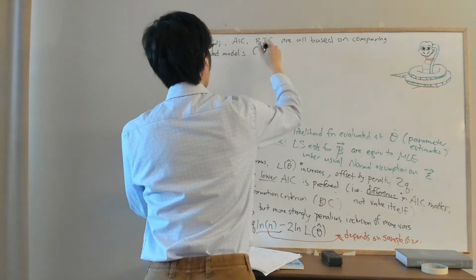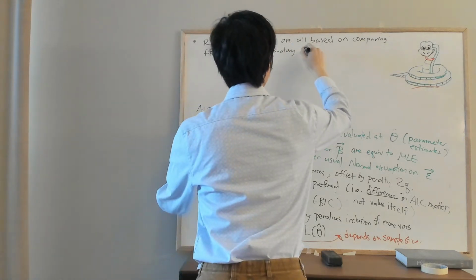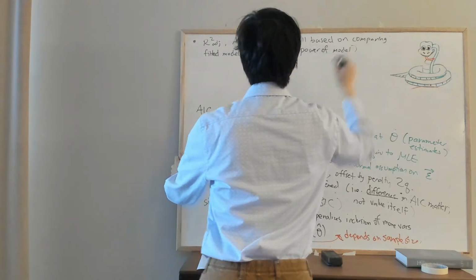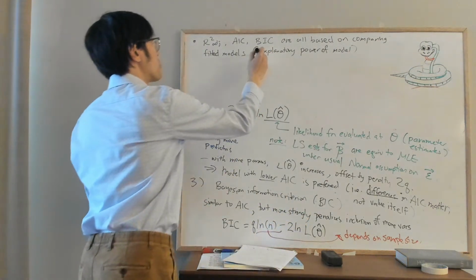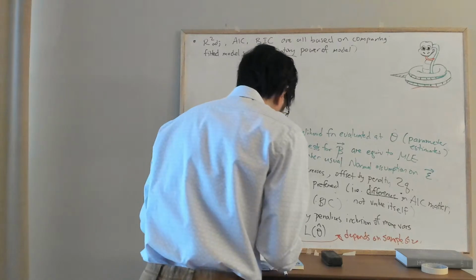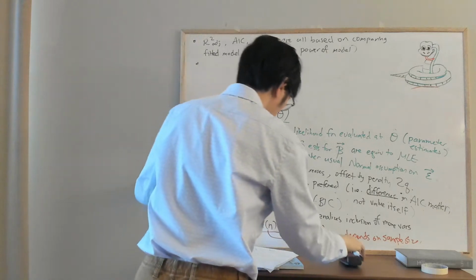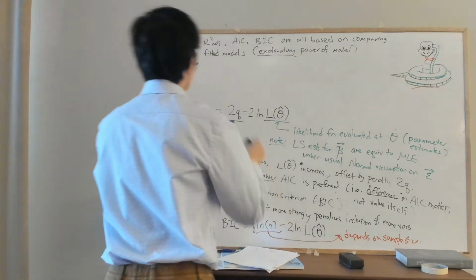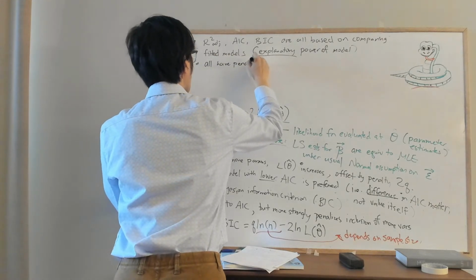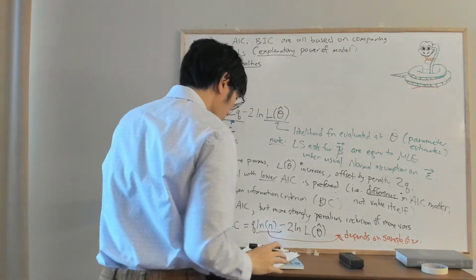In other words, they look at the explanatory power of the model. We call it explanatory because it's based on the fitted model. Also common to these types of criteria is that they all have penalty terms for including too many variables.